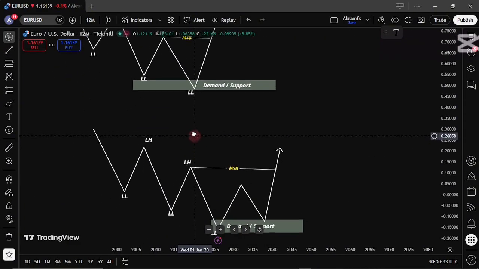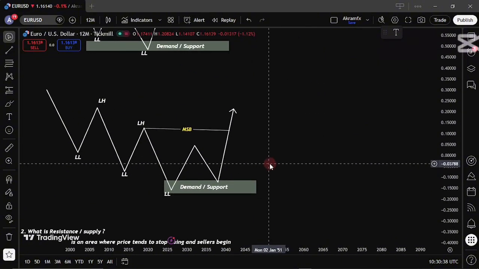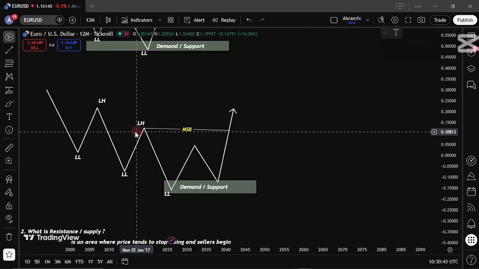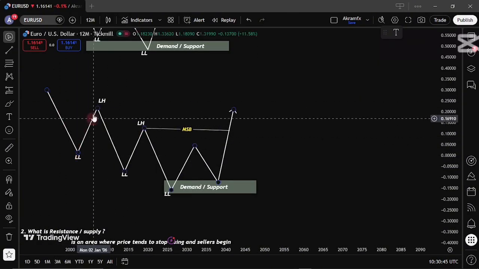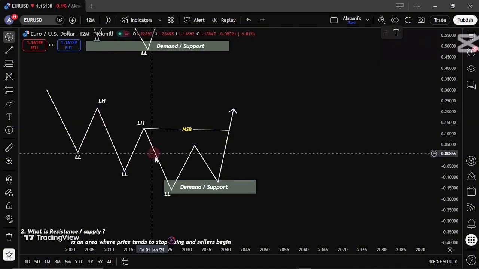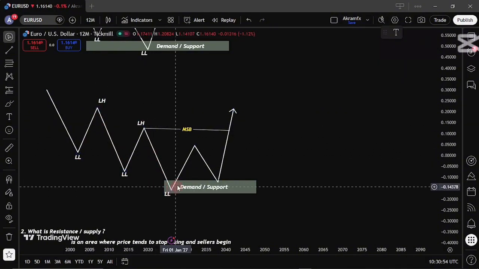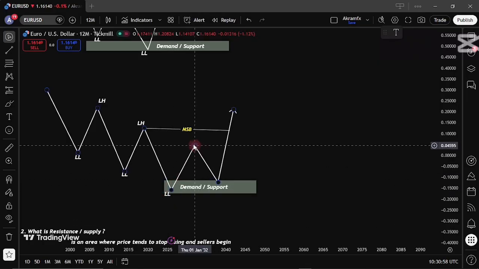We have another scenario where prices are rejected and then they retest the zone. You need to know where the market has broken. For example, in this scenario, prices were moving in a series of lower low and lower high, which means it's a downtrend, and they got rejected from here and prices moved upwards.